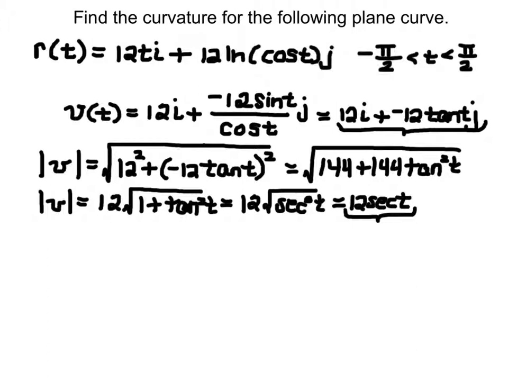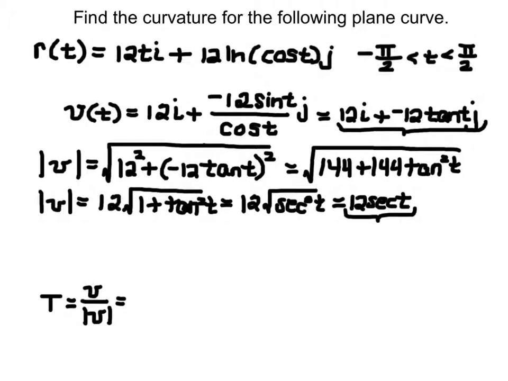Next, we want to find the unit tangent vector. The unit tangent vector is the velocity divided by the magnitude of the velocity, and we've determined what both of those are, the numerator and the denominator.